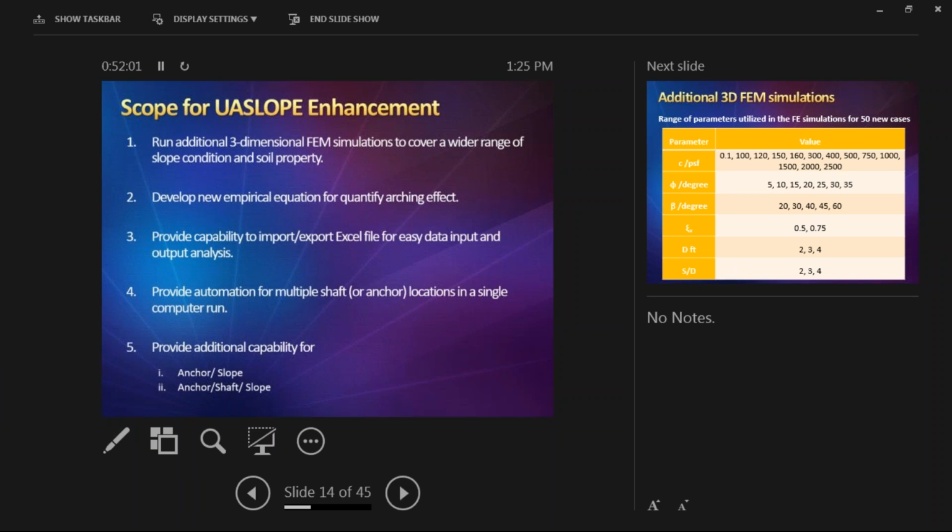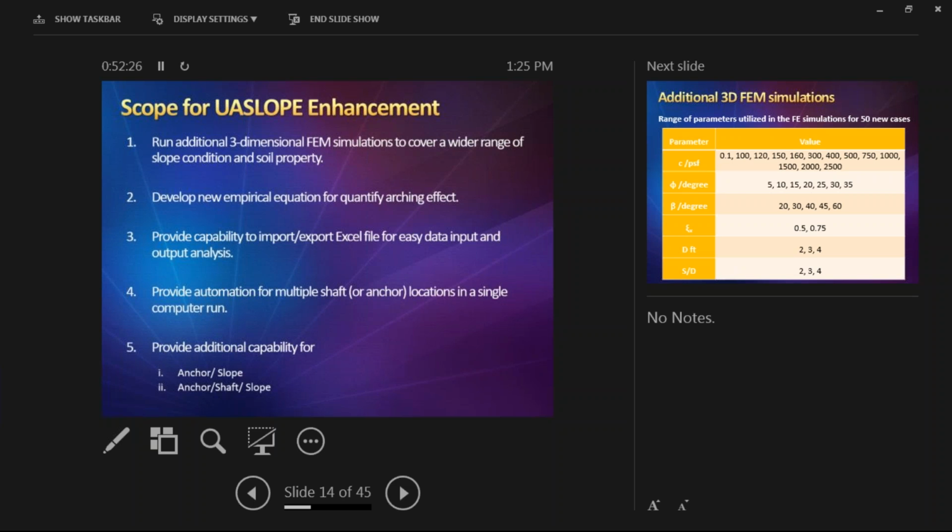From a time-saving point of view, this is much easier for engineers doing design optimization, because we're trying to find the optimum dimension and location of the drill shaft that results in an economic design with adequate factor of safety.